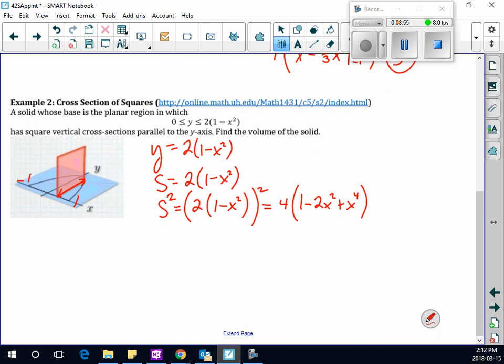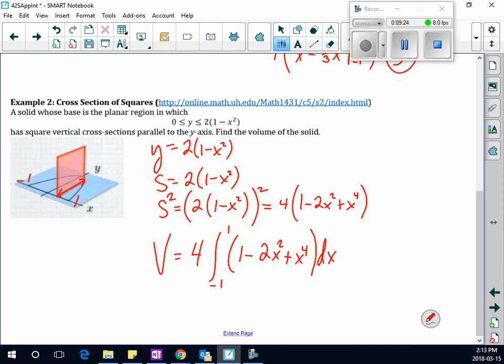It's up to you if you want to multiply the 4 in, but really you're going to pull it out of the integral anyways, right? So there's no point. So what's the thickness? It's dx, right? And we're going from -1 to 1, and I'm going to pull the 4 out, and this is 1 minus 2x squared plus x to the power 4 dx.